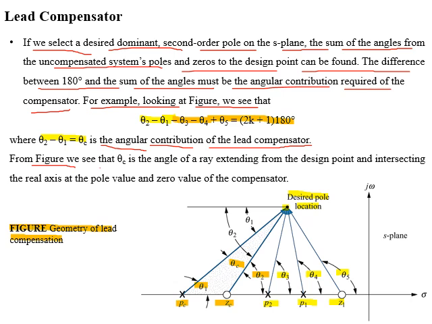From the figure you can observe that theta c is the angle of the ray extending from the desired point and intersecting the real axis at the compensator pole and compensator zero. Or we can say that theta c is the required angular contribution for the lead compensator to make the desired point a part of the root locus.